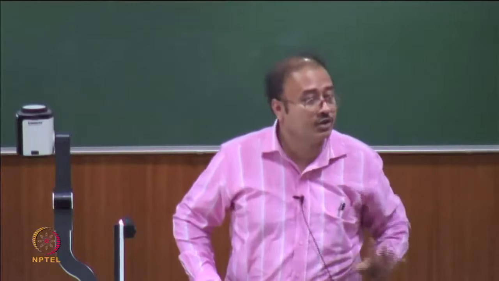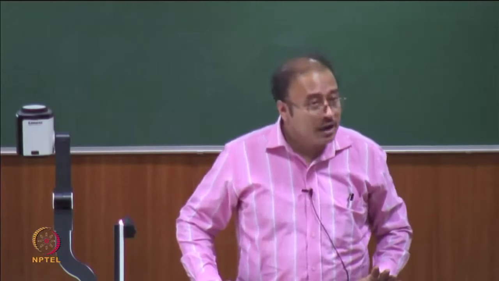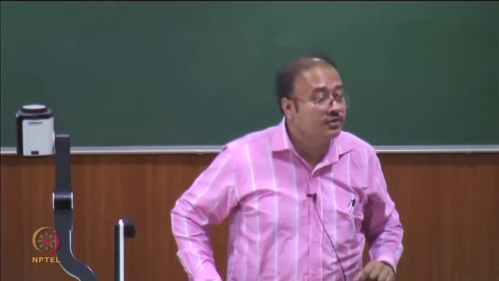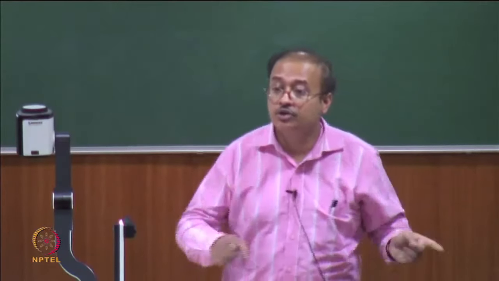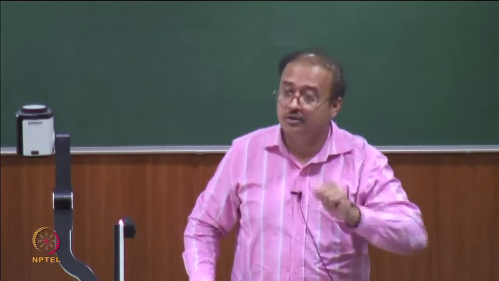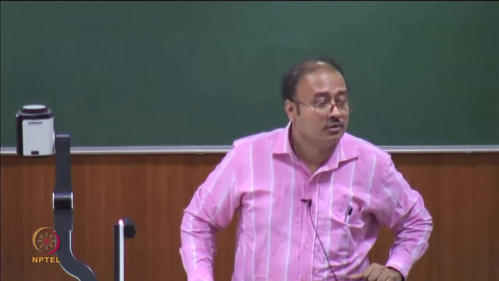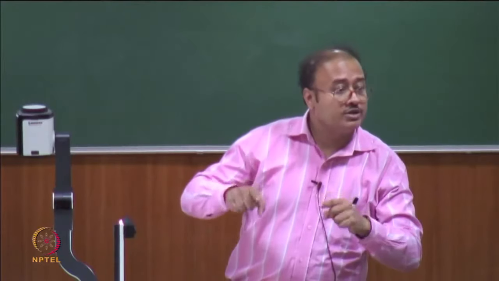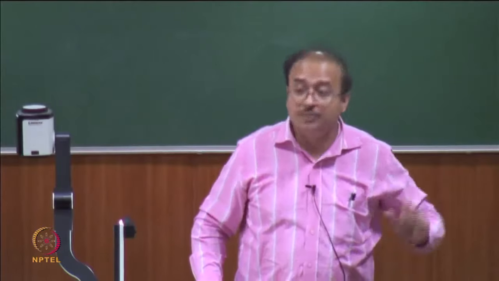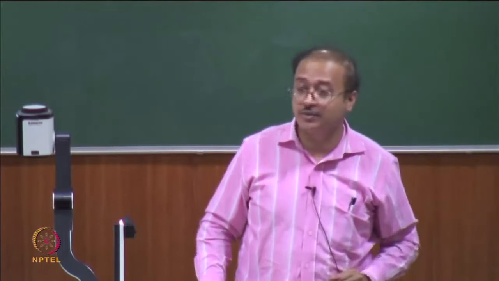Then how would you figure out Ku and Kf by themselves? You take help of the equilibrium, because K equilibrium is equal to Kf by Ku. So, you have two equations, two unknowns, then you can easily figure out what is Ku and what is Kf. That is the beauty of having both kinetics and thermodynamics.